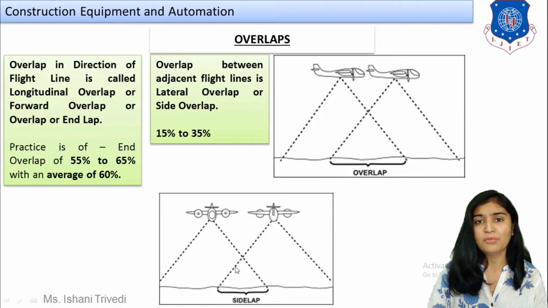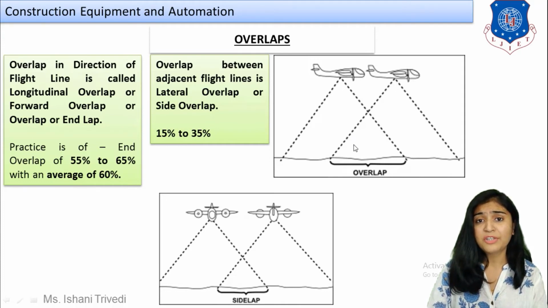So here the overlapping is done side by side. Earlier the overlapping was done in the direction of the flight. Here it happens side by side with two flights. This type of overlapping, between the adjacent flight lines, is known as side overlap.